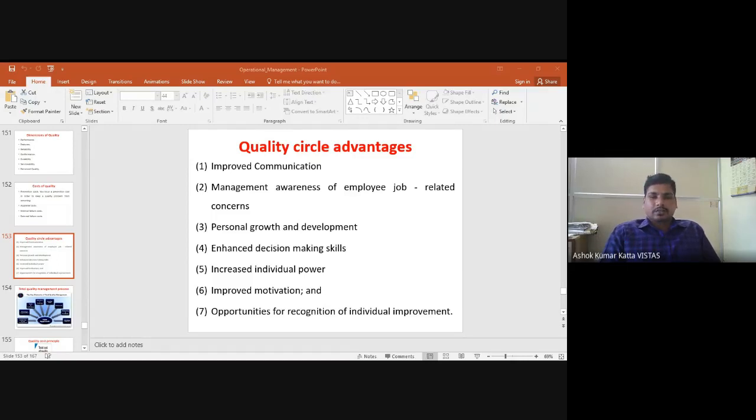Fourth point, which is talking about enhanced decision making skills. On the point of enhanced decision making skills, being an employee, you must know what quality standards we are producing at the organization, and relatively whether you have all the kinds of requirements. Do you have all kinds of professional development skills with you?